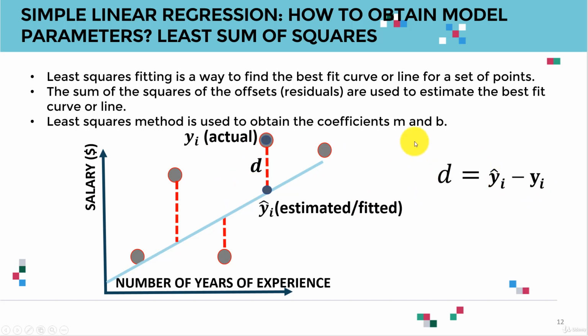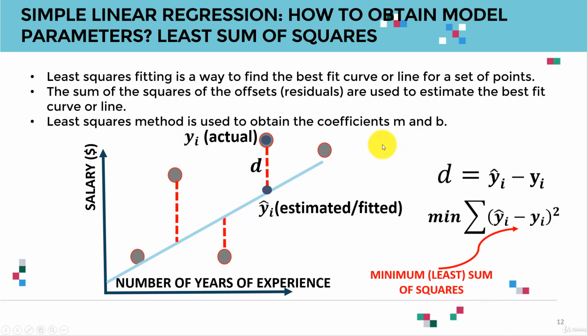After we calculate that distance, we calculate it for all the data points I have. I calculate it for this one, for this one too, and so on. Then we take all those differences and square them up.